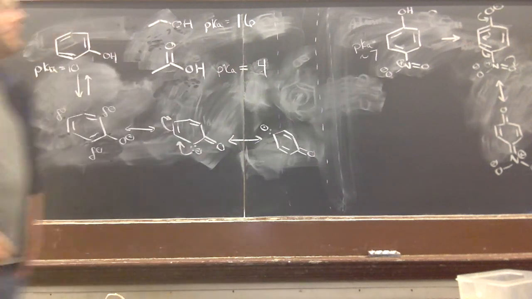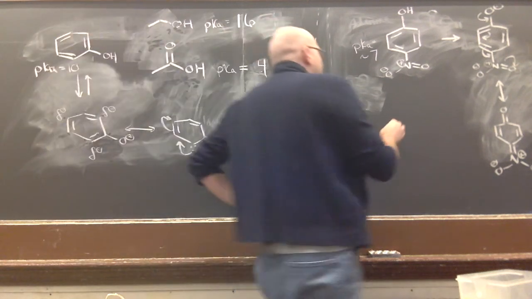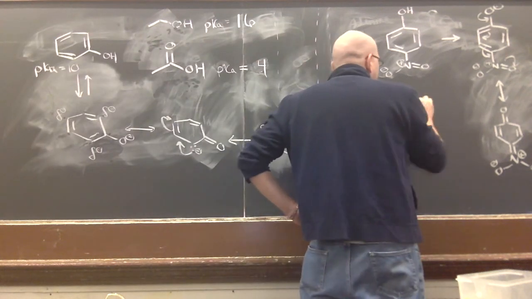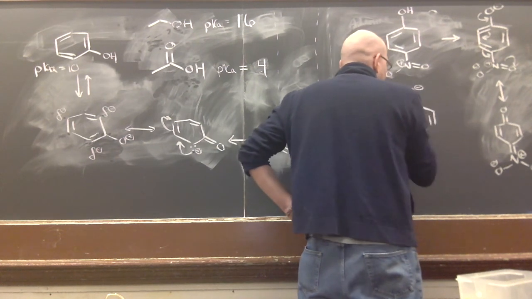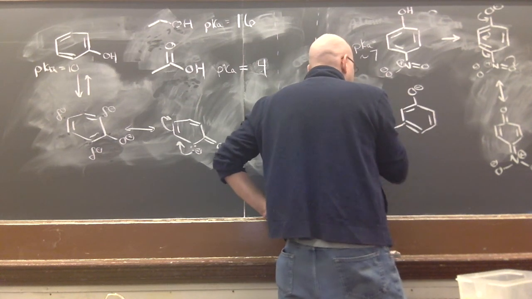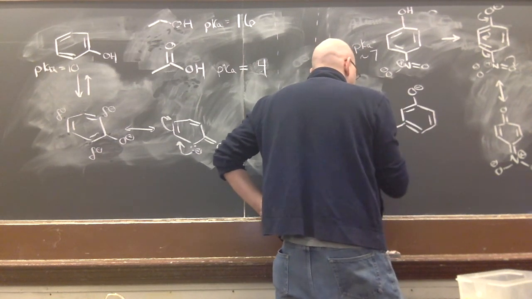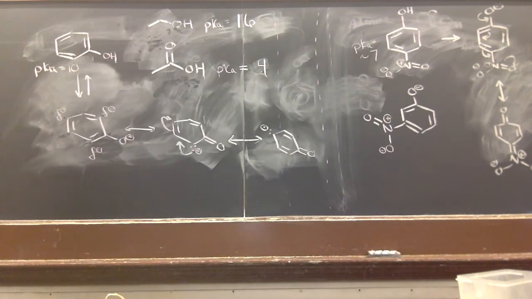The pKa of this is going to be about 7 or so. And it's important where that nitro group goes, because, again, we'll get to ortho, meta, para in a moment, but this is what we would call para-nitrophenol. If we went to the meta position, there would really be no way to delocalize those electrons into that nitro group.